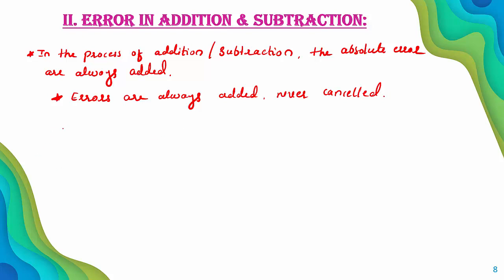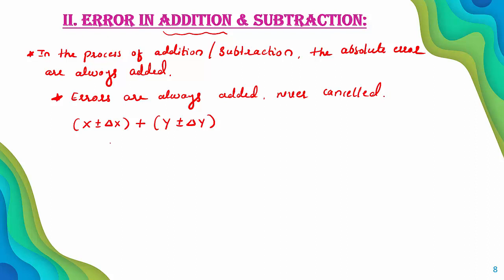See here, suppose X is a physical quantity. It has an error plus or minus delta X. Suppose I am using addition: X plus or minus delta X, plus another quantity Y plus or minus delta Y, which is the error in this physical quantity.